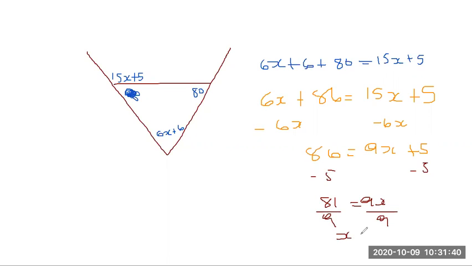So x is equal to 9. Now, in order to figure it out, I need to go in and substitute my 9 where x is, sorry. So for the first one where it says 15 times 9, that's 135, plus 5, which is 140.